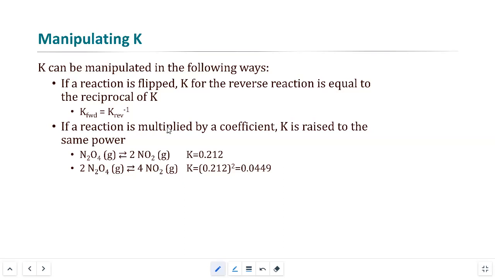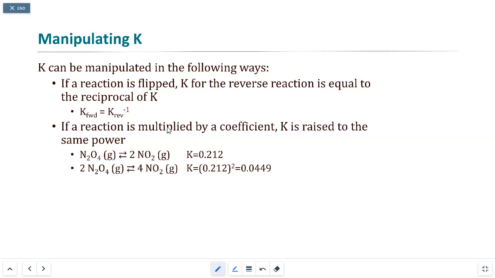Well, it's actually not that tough, because since we are dealing with a reaction that has a very prescribed method to it, all that we really have to do is look at how is our new version of K related to the old version of K. So we can kind of think about it this way.